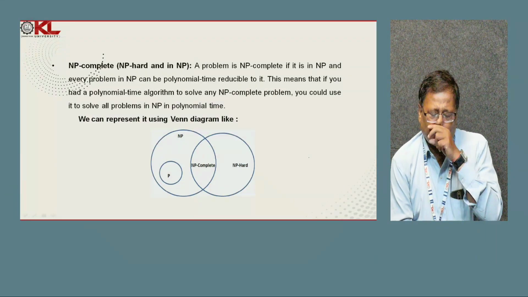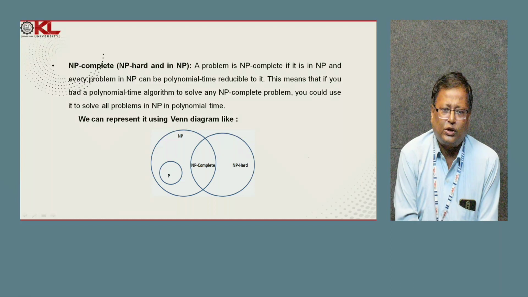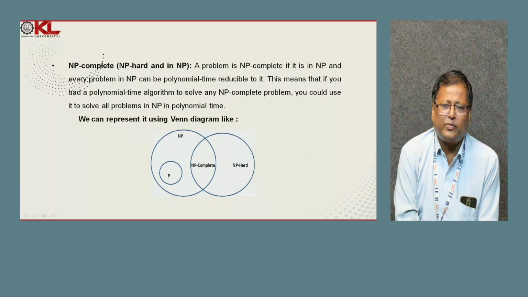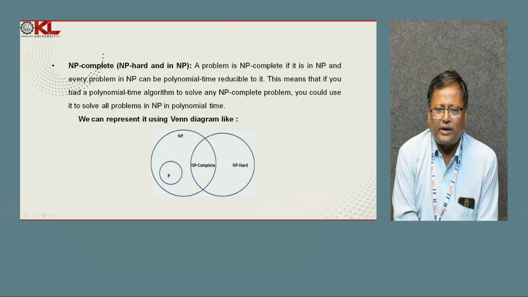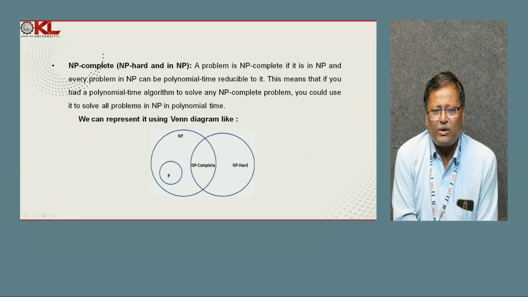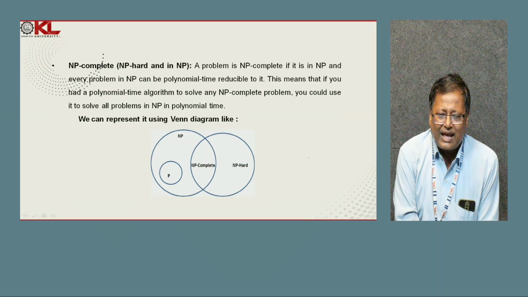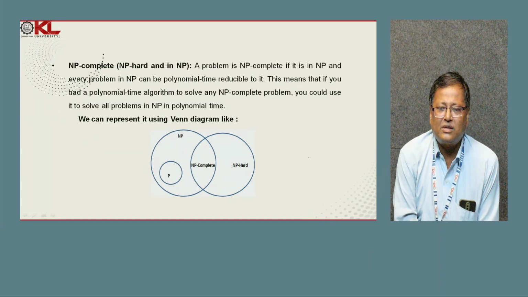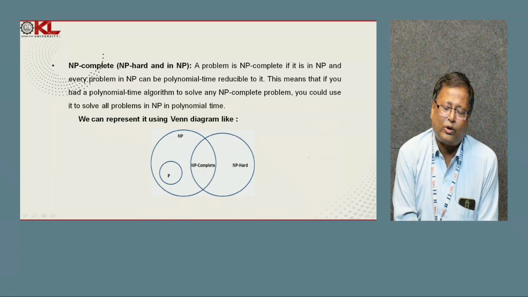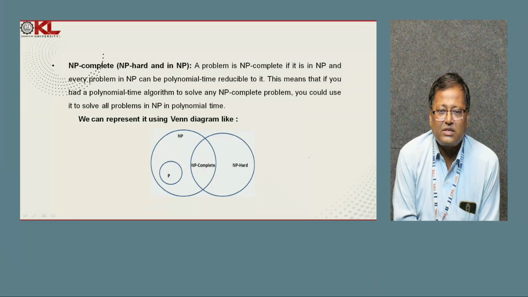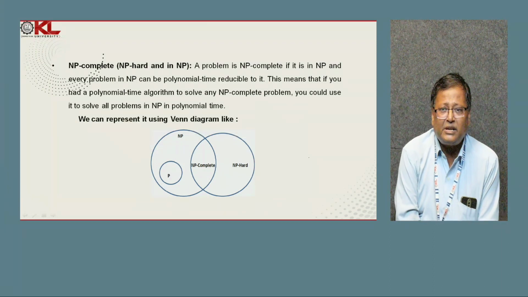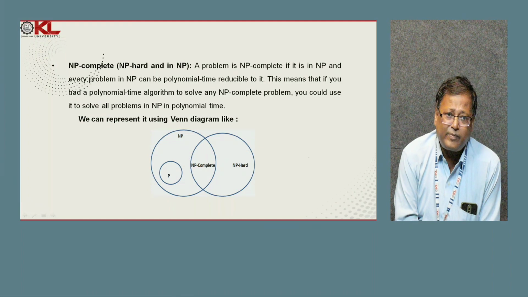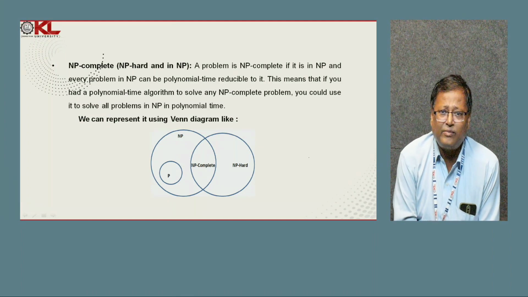Then NP-complete. Suppose we can reduce all the NP problems L to L dash, and L dash is also in NP. Then that problem is known as an NP-complete problem. It means a problem that is in NP-hard and also in NP is known as an NP-complete problem. A problem is NP-complete if it is in NP and every problem in NP can be polynomial-time reduced to it.